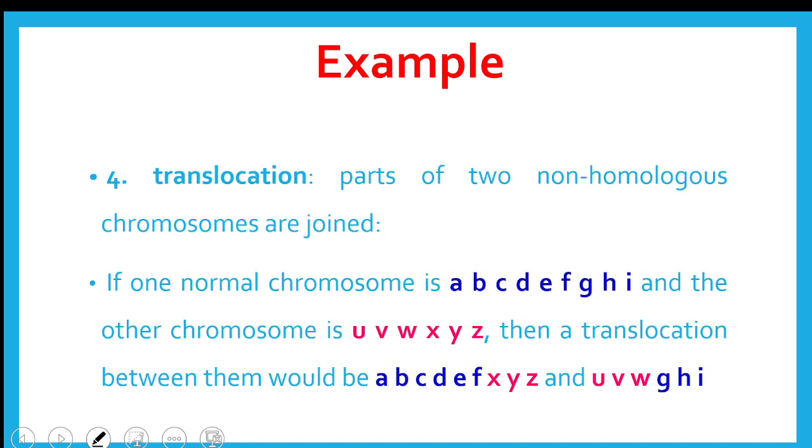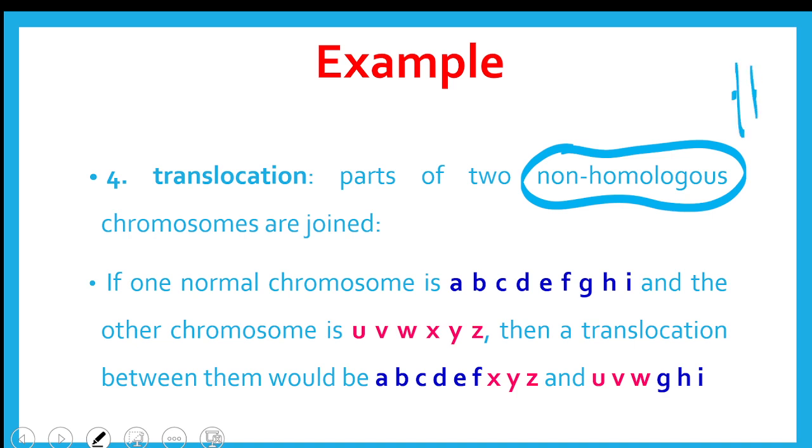Coming to the fourth one, translocation. Here two non-homologous chromosomes are involved. Why do we say so? If a pair of homologous chromosomes exchange the same portion between them, we call this crossing over. Even if it is a mutation, nothing changes except that the alternate forms of alleles are changed; a new combination is formed.